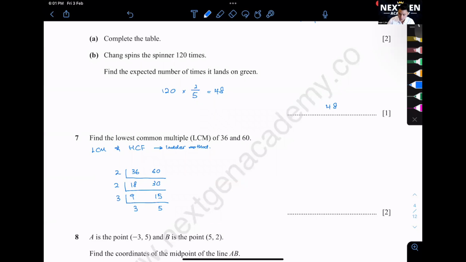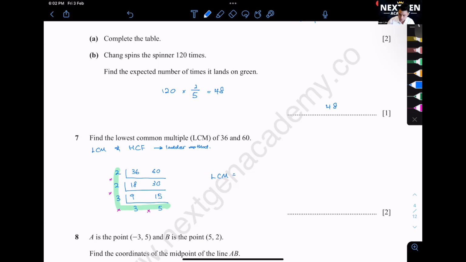How do we find LCM? You all have to remember, for LCM we take all the numbers, like that, highlight like that. Then you multiply them, because LCM starts from the alphabet L. So you take all the numbers in L shape like that, then you multiply every single digit.